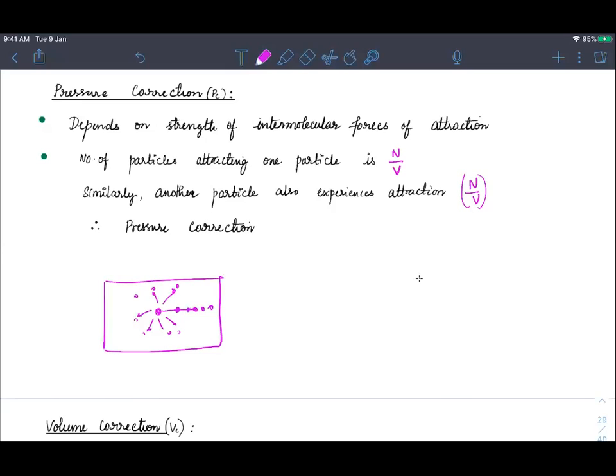Therefore, the pressure correction will be proportional to N by V square, or if I remove the proportionality, I get it as A N square by V square. Got it? Usually we write this N in terms of number of moles only. So we write this as A n square by V square.